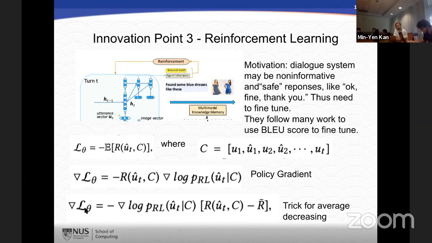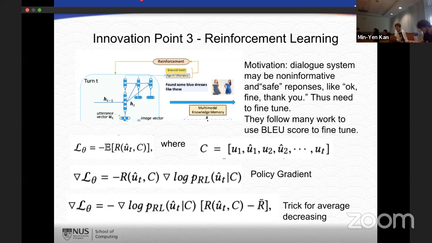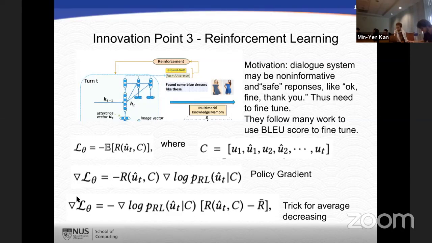Oh, okay. For the safe response, is there any explicit regularization technique so you can give a penalty for giving such safe responses, other than fine tuning? Yes. I don't remember exactly what the paper is, but I have seen a really simple trick, which is to fine tune based on the frequency of the response.